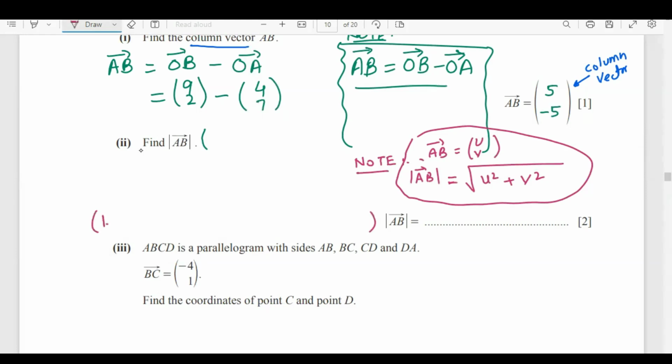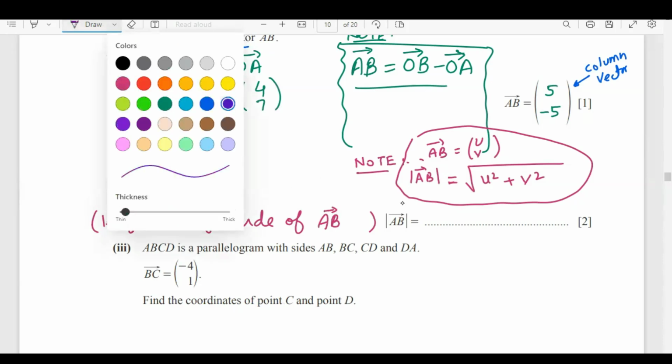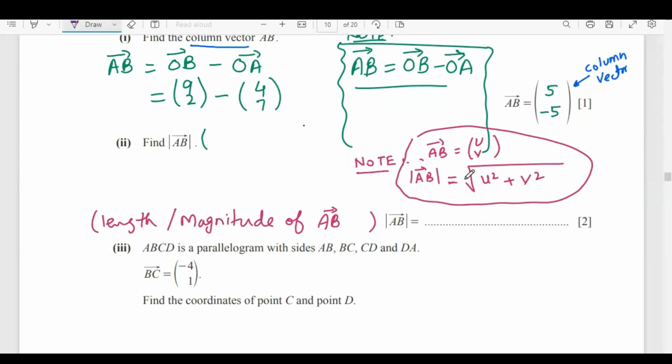So I'm going to write the length or magnitude of vector AB. This symbol means this. How do we find it? We have to use the formula: magnitude of AB equals the square root of u squared plus v squared, but we have to recognize where u and v are.